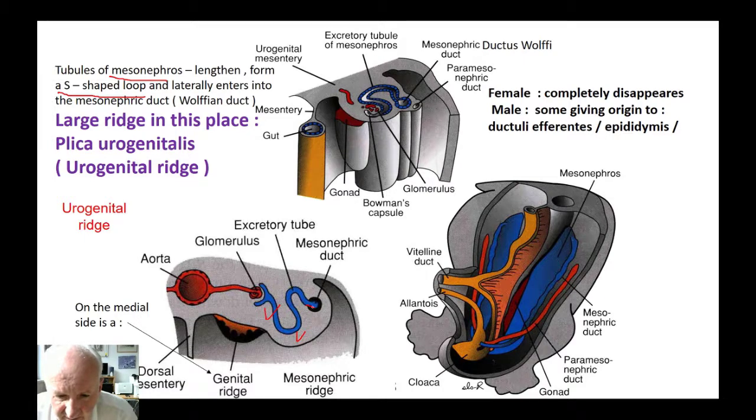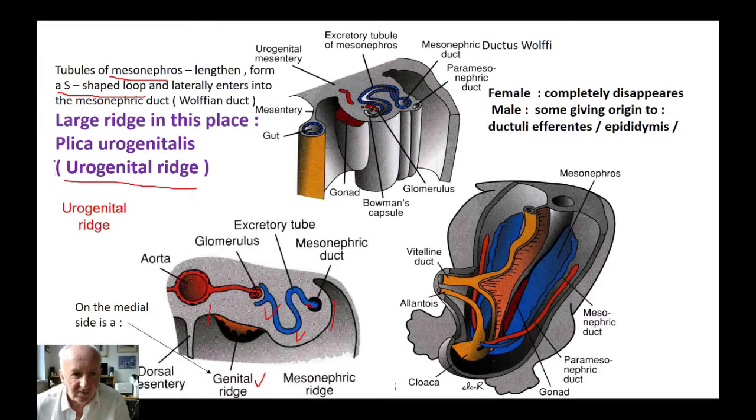And now we have here a very important ridge in this moment, which we see on this section, on this scheme, which is called urogenital ridge, from here till here, with this part the urinary ridge, and medially, that means closer to the dorsal mesentery, the so-called genital ridge.